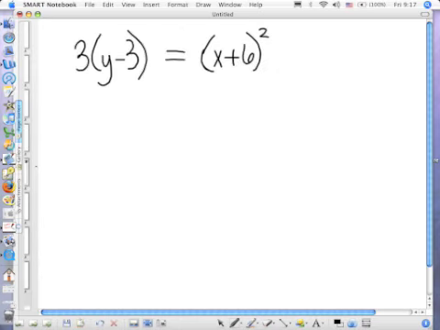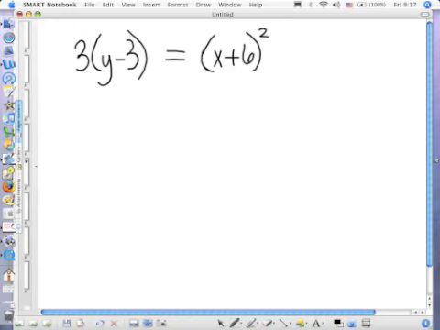All right, the next one, number 18, looks like this. And you all said, oh my goodness. Which letter do we want to get by itself? y. Because x plus 6 is already set up, because x is the letter that's being squared in some form or fashion.